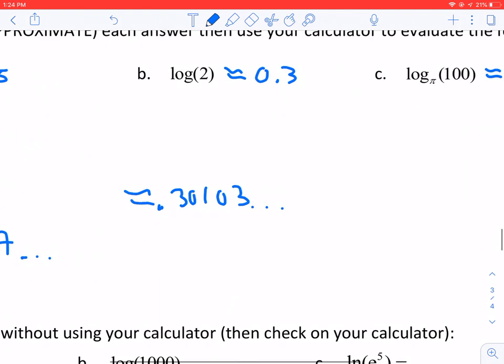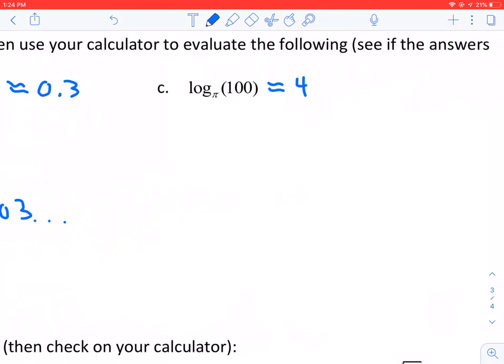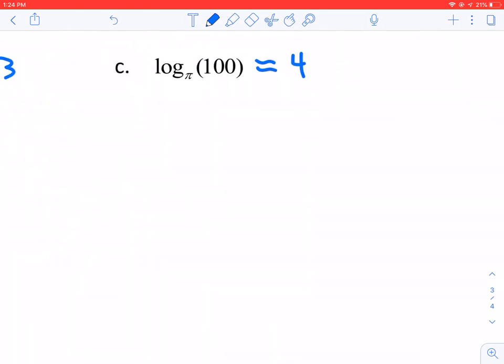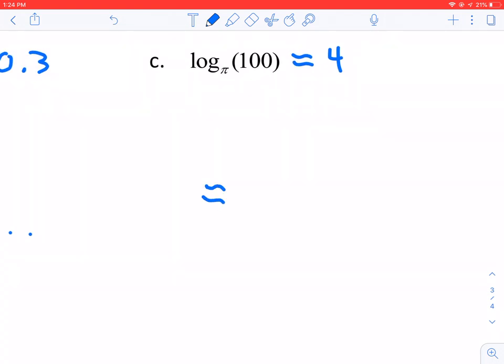Right, something, something, something. And log pi button is next to the letter H. Sorry, log base pi of 100 is 0.2293.